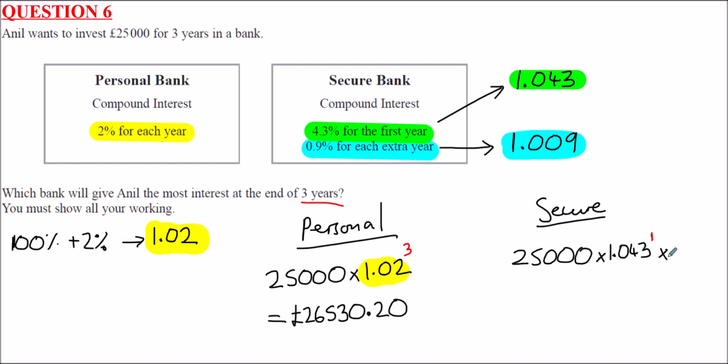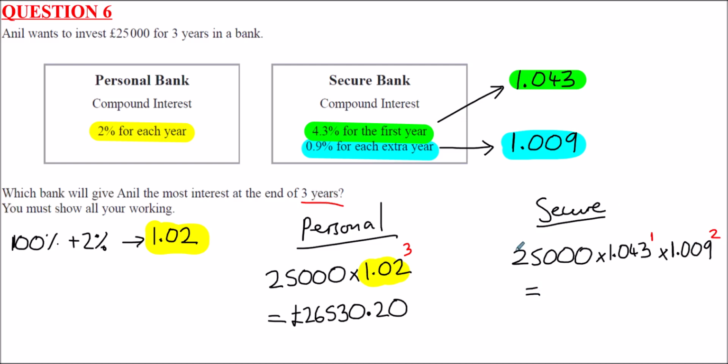And then after, we get 0.9% for the subsequent years. So the decimal multiplier in future is 1.009. We're doing 3 years in total though, so we've got an extra 2 years at this rate. So we times that to the power 2.